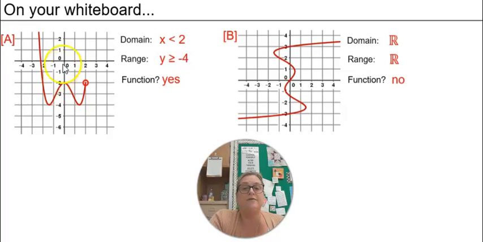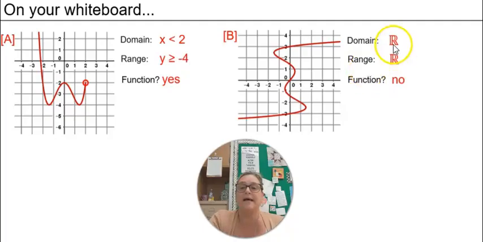Then our y values are continuous all the way up to positive infinity. So the y's can be any real number greater than or equal to -4. We don't worry about the open circle when we're thinking about the y values, the range, because it's closed at another location on the graph, so it is inclusive.